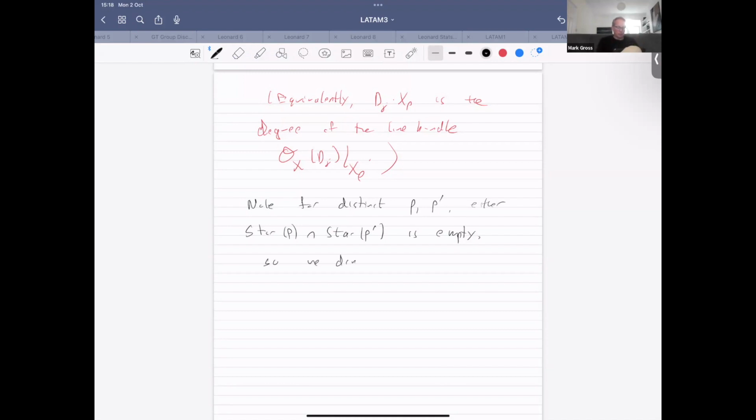We don't need to check if the transition map is linear. But what are the transition maps?